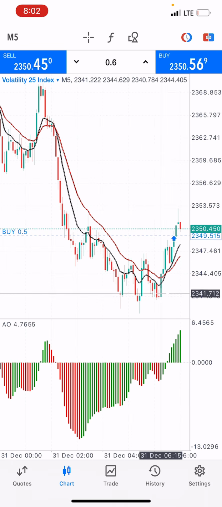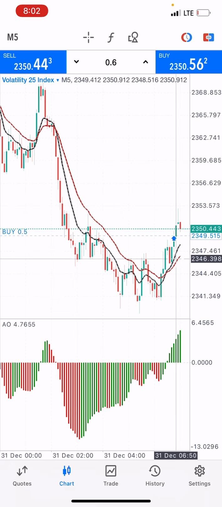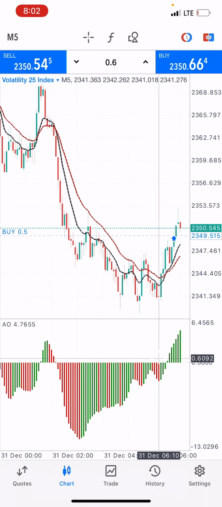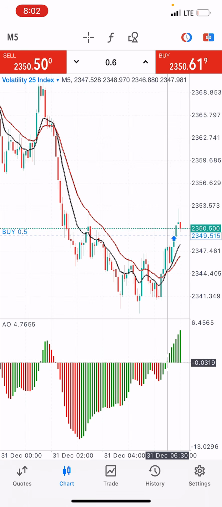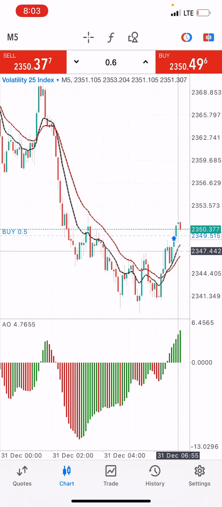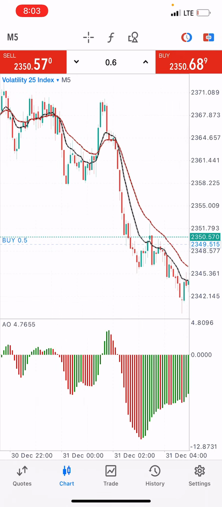You have to watch out for 2 conditions: the black moving average should cross above the red moving average, and the awesome oscillator should be above the 0 level. So guys, when you see the awesome oscillator above the 0 level and the black moving average above the red moving average, it's a buy. That is how you place a buy with the strategy.